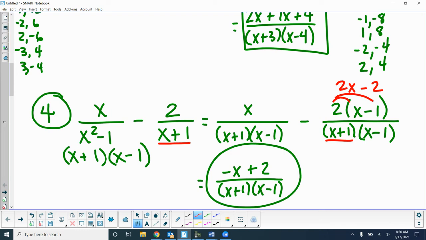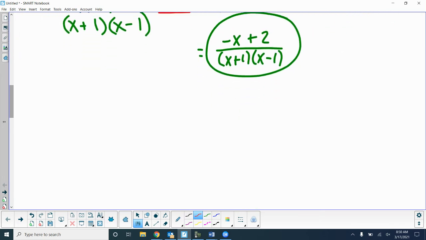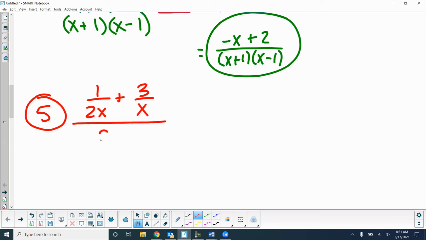All right, number 5 is one of those complex fractions. And I've got an addition problem in my numerator, and then just a fraction in my denominator. So I have to do that addition problem first. Can I factor either of those? Can I factor 2x or x?